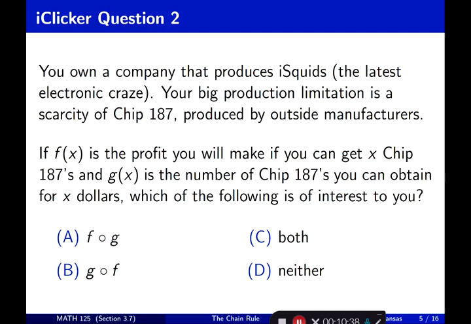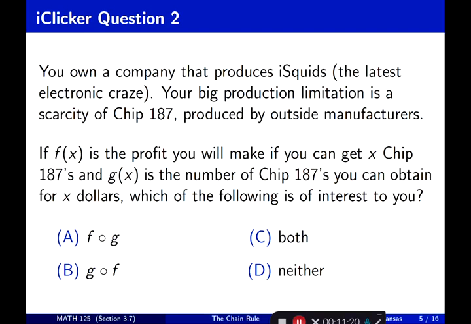If f of x is the profit you will make if you can get x chip 187s, and g of x is the number of chip 187s you can obtain for x dollars, which of the following is of interest to you? A, f of g, B, g of f, C, both, D, neither.